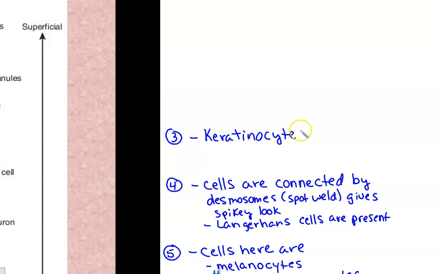So in granulosum, keratinocytes start to die, which is sad. Partly because they're filling up with keratin, but the other reason is we've gone way too far away from our blood supply.